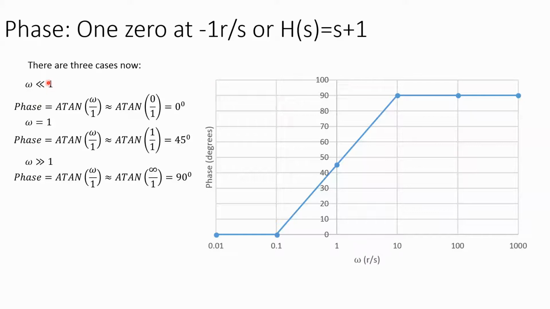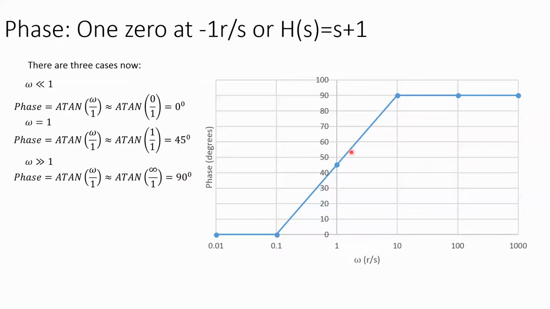Now we still have 3 cases. When omega is a lot less than 1, we have approximately the arctangent of 0 divided by 1, which is all real, no imaginary, so 0 degrees phase, right? Then when omega equals the cutoff frequency, we have 1 divided by 1 in this case, which gives us 45. Then when omega gets a lot bigger than 1, we are getting infinity divided by 1, which is 90.